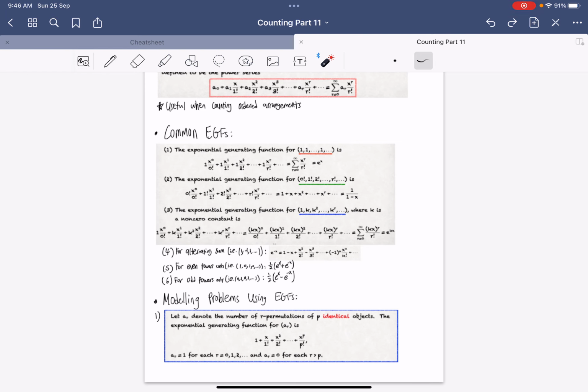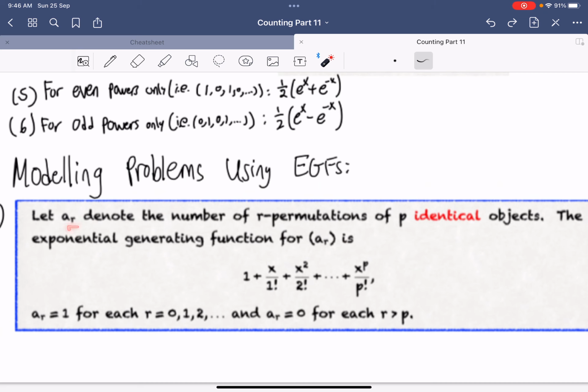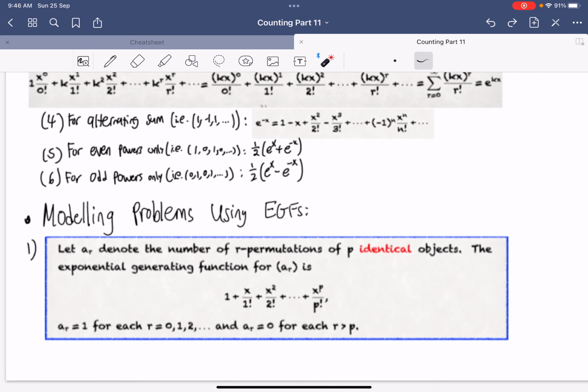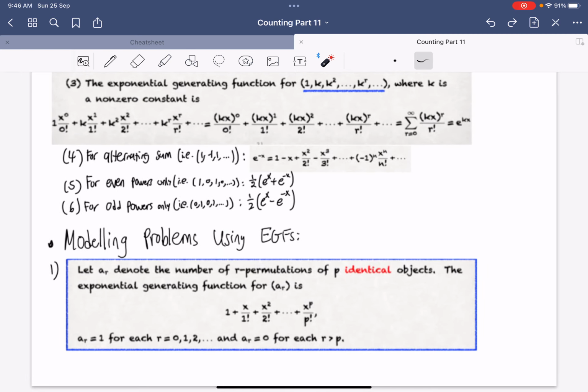One use of the exponential generating function is, like I said, that it deals with ordered arrangements, so we let our coefficient be the number of r-permutations of identical objects. What does that mean? It means: how many permutations of identical objects can you have? Well, that's obviously one. You can only permute them one way.